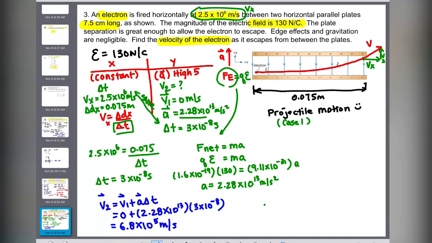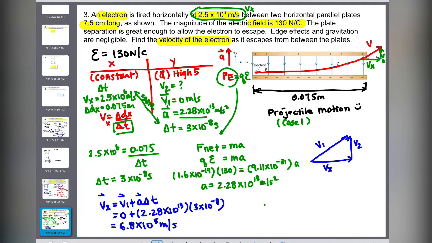So what does this mean again? I need to now find the overall velocity as it leaves. The velocity along x doesn't change, so whatever it started with, it will be the same. And now I found my v2y.